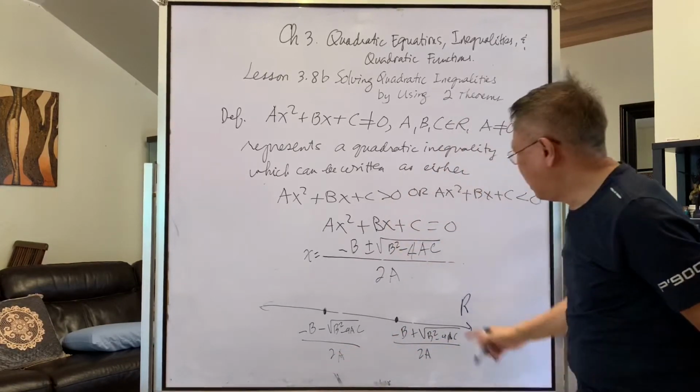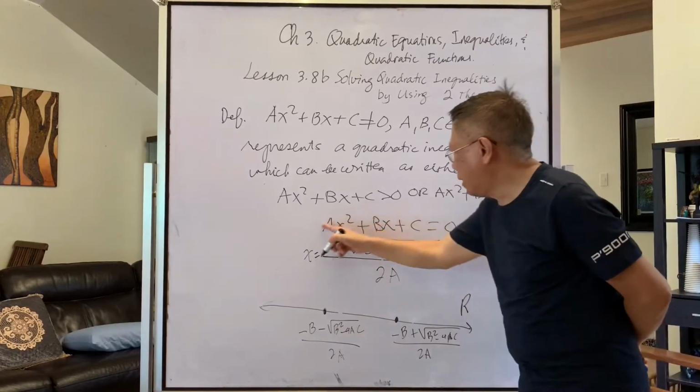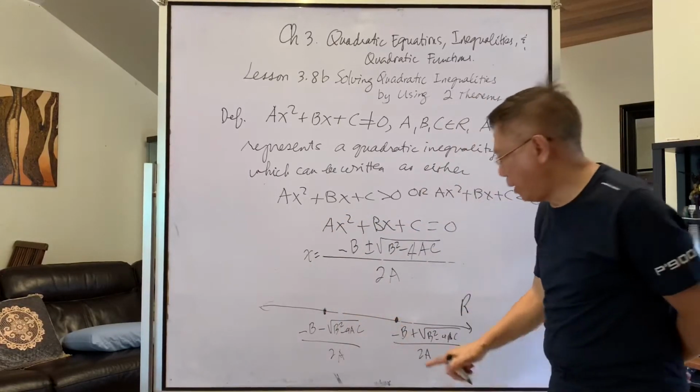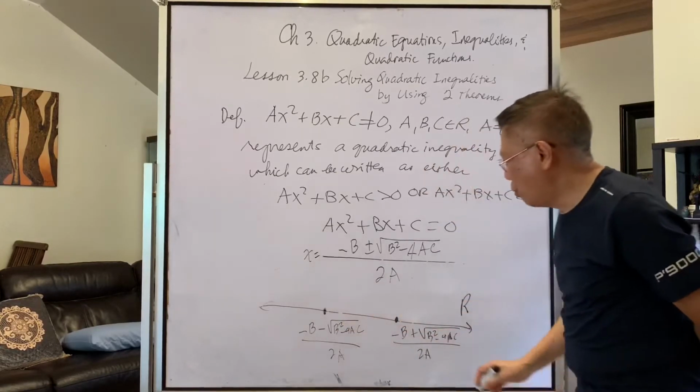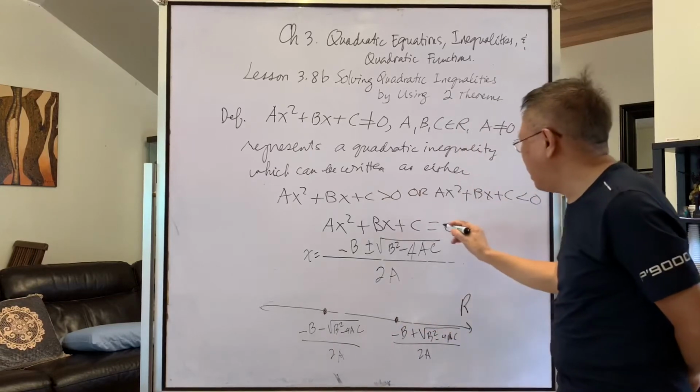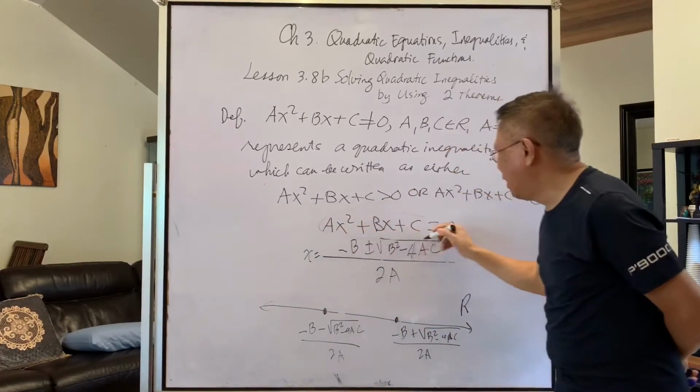Okay, this is the case where the roots of this quadratic equation are real and not equal. So we can graph these ones here. So these are the numbers that will make this left hand side equal to 0.